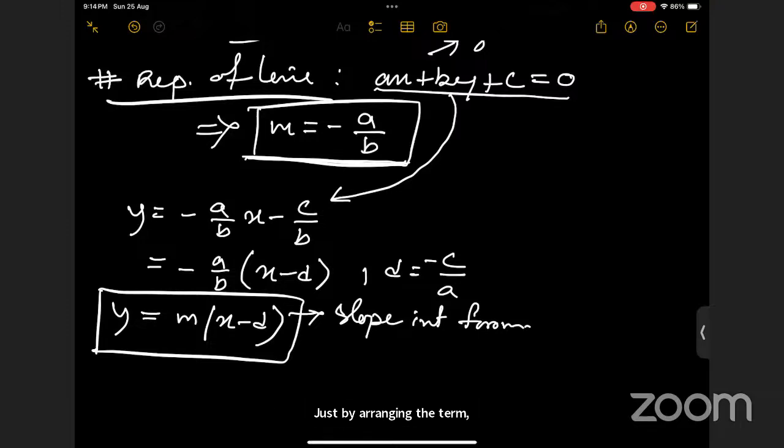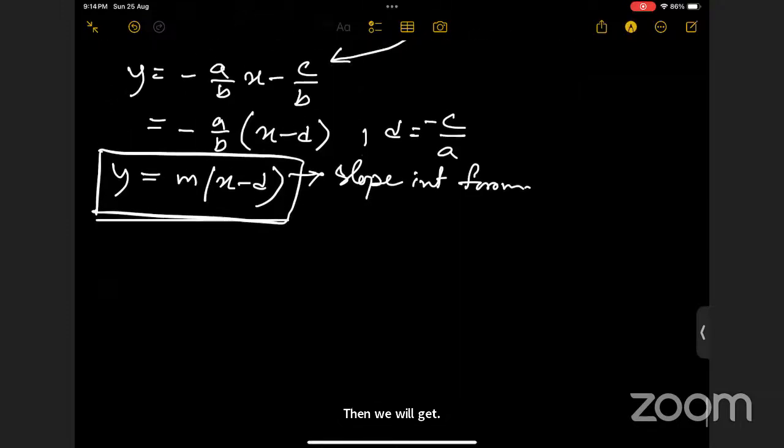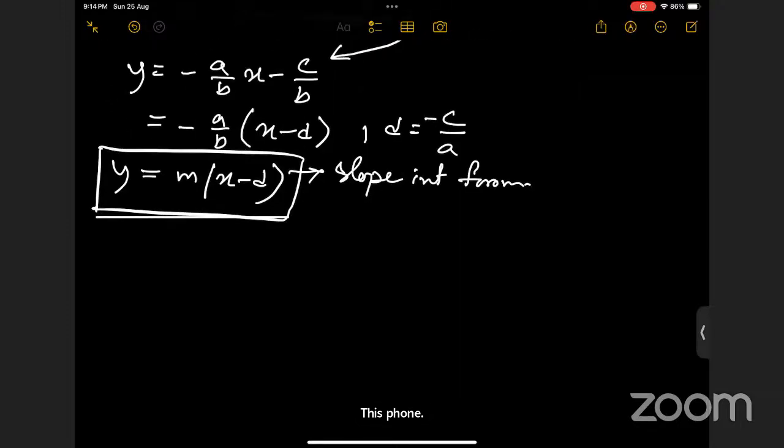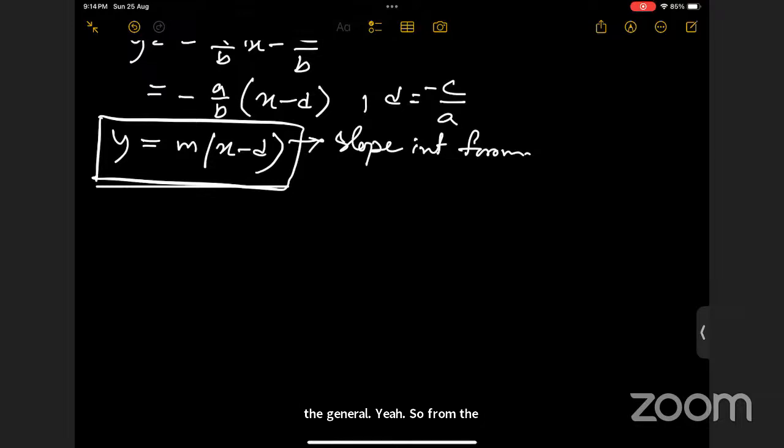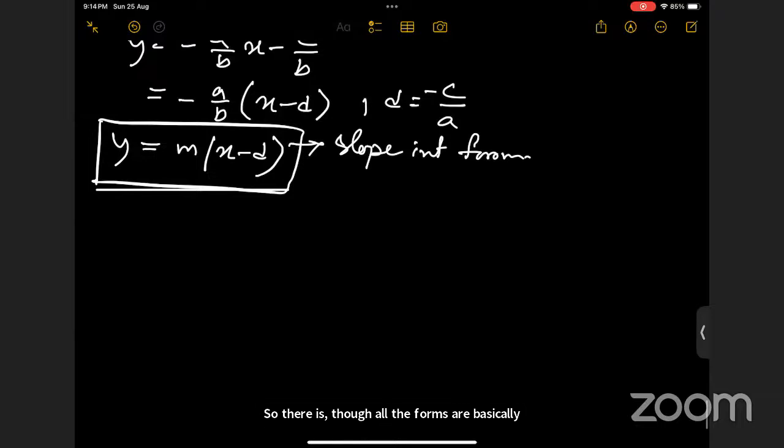Then we are taking minus a by b as common, and we will get this form. So from the general equation, we arrive at the slope intercept form. All the forms are basically interconnected. That is what I wanted to show you.